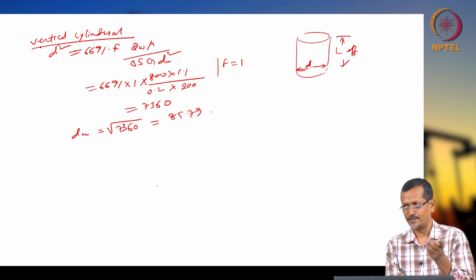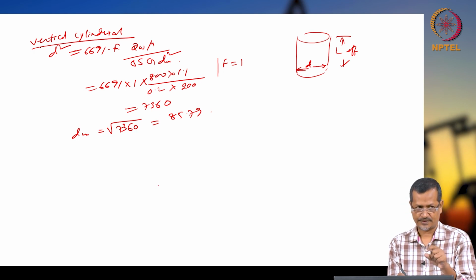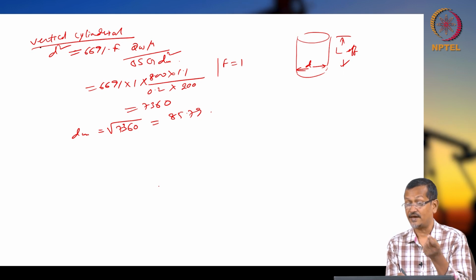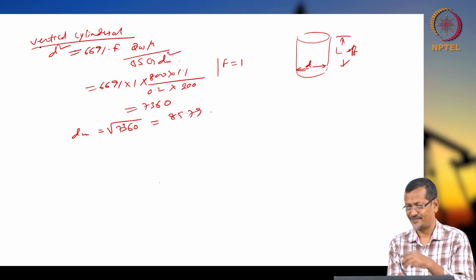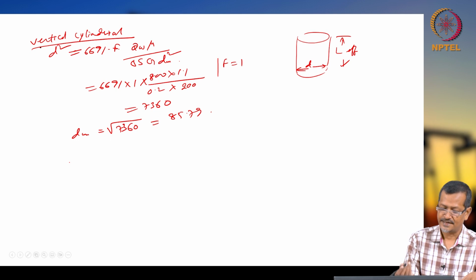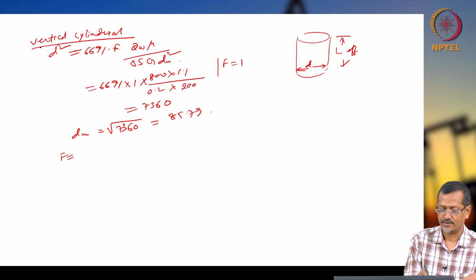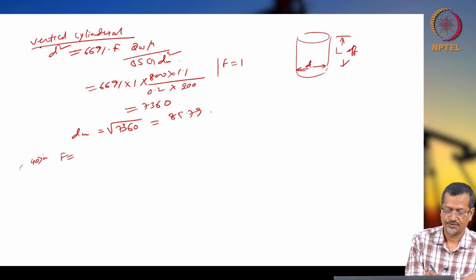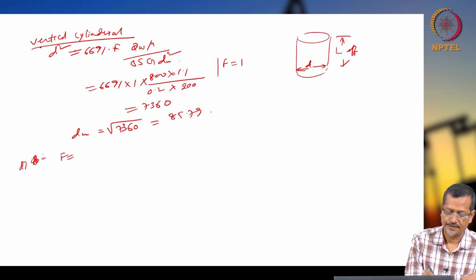Now, because it is coming more than 48 inch, in the book they have written that if it is more than 48 inch, then you have to use an F value more than 1. So let us say initially assume F for D more than 48 inch.